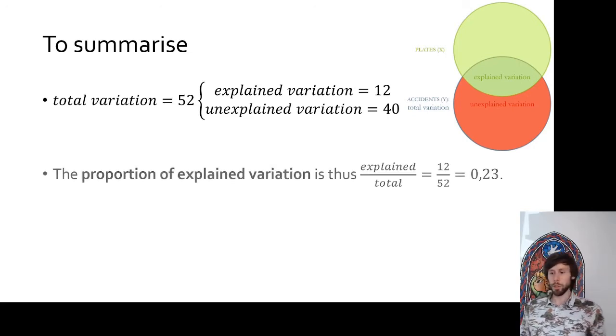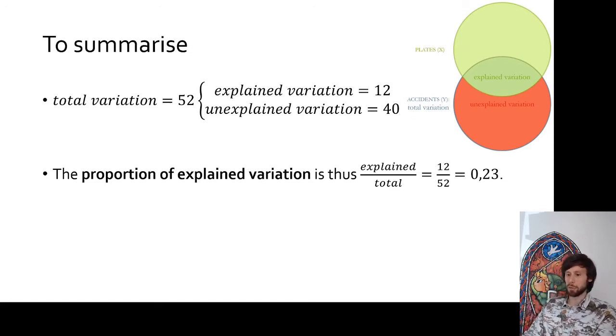This then lets you do the following. It lets you ask how much of the variation, expressed in a percentage, can then be explained by the independent variable. The proportion of explained variation is also how we refer to this thing. And what you can say is the 12, the explained variation, compared to the total of 52, well, it's a fair portion.